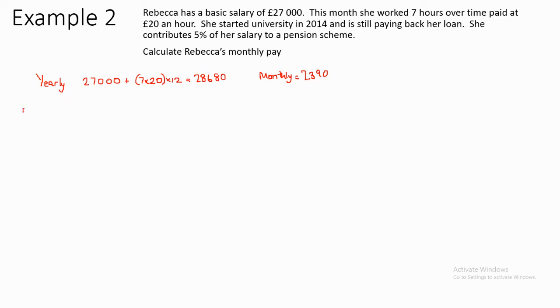Okay, so first of all, income tax. Pays nothing up to 12,500. And then from this amount here, 28,680, she pays the basic rate of 20%.